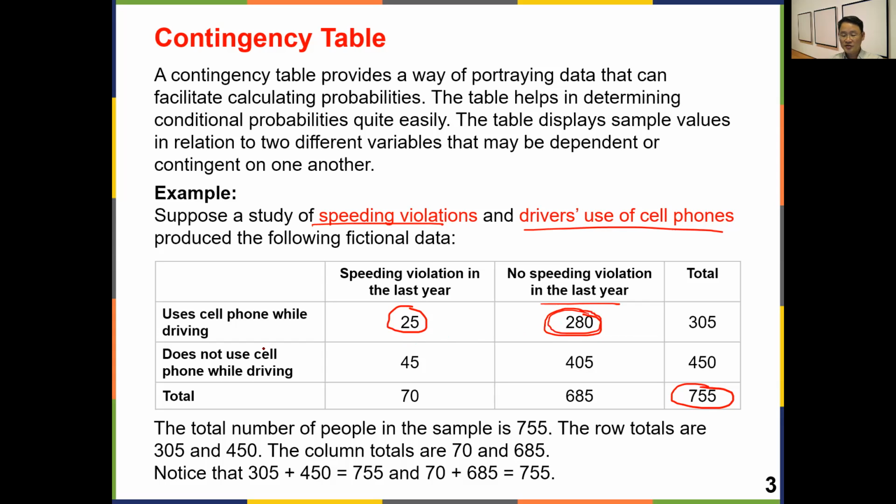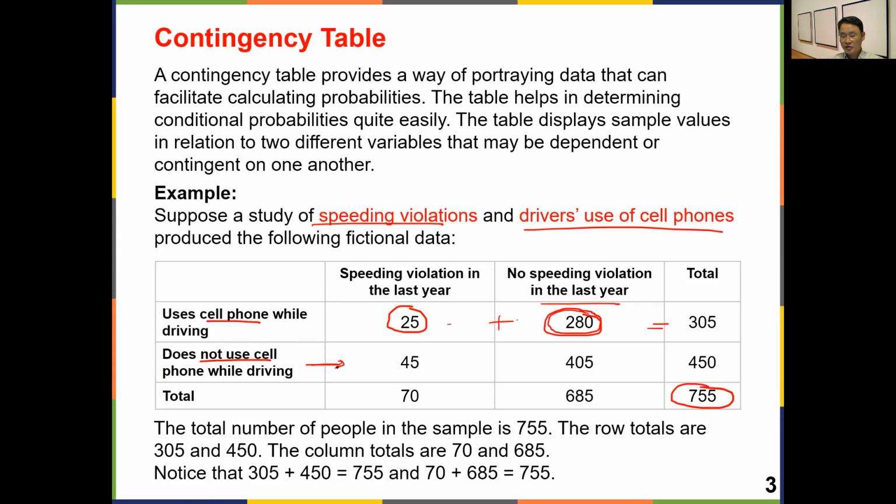Now, if you're just interested in how many people actually used cell phone while they're driving, you just need to add these two, and then you get 305, right? So 305 used cell phone while they're driving. This next line is for anyone who does not use cell phone while they're driving.